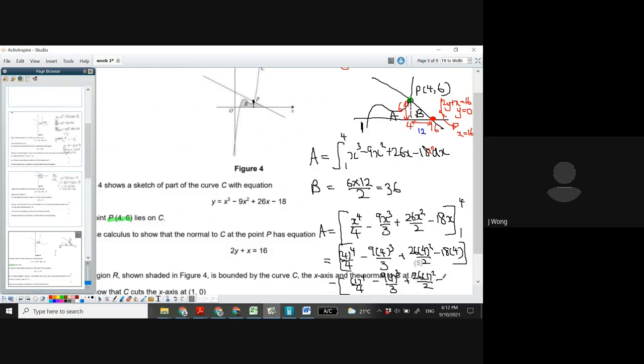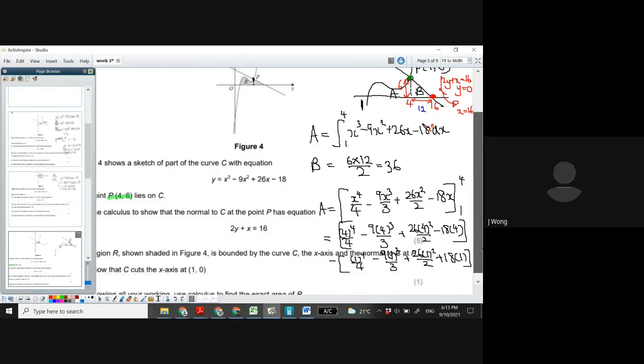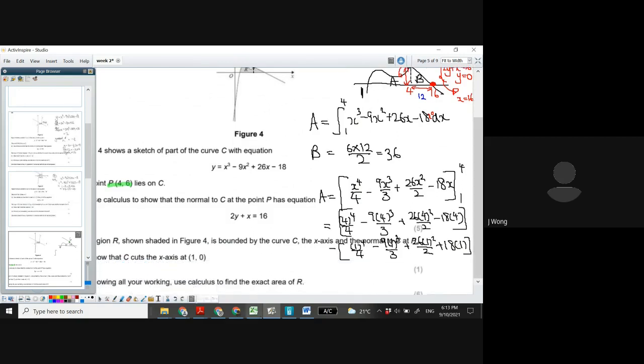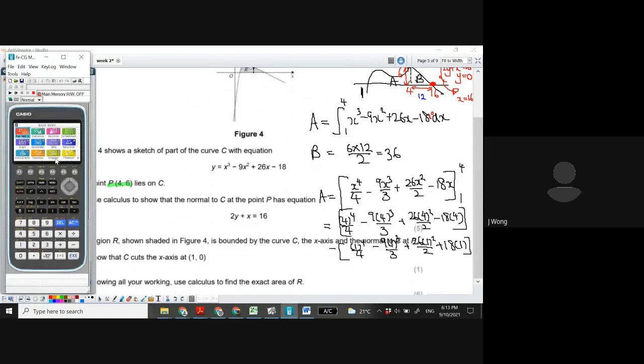But remember, you must show that because otherwise you won't get all the marks. Then obviously, if you want to check the value of the integral yourself, let's say you're using the CG50, what I recommend you do is use the integration sign.